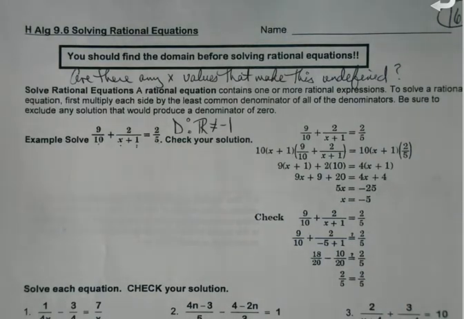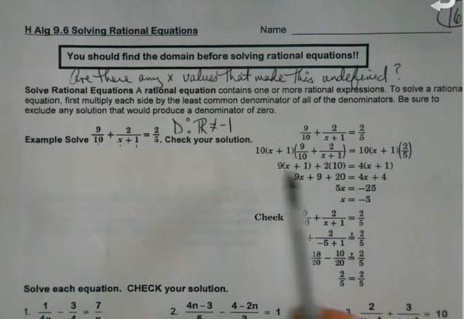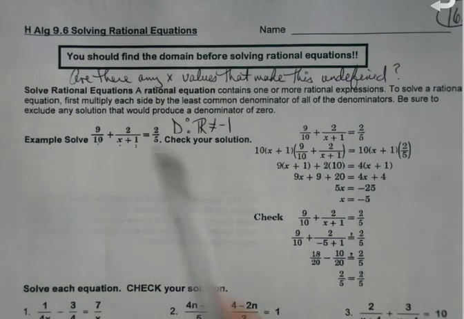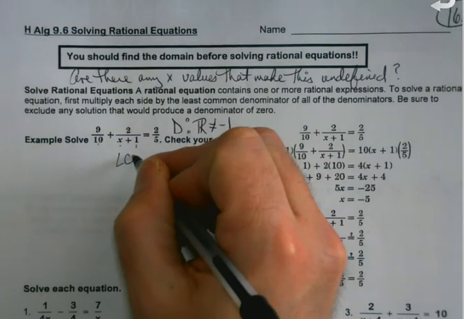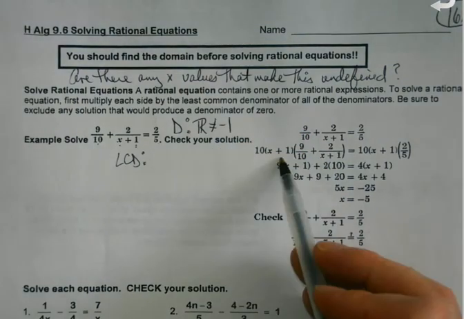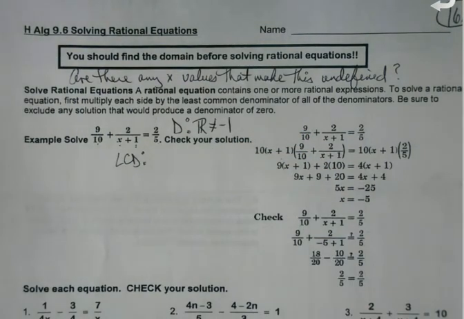So I start looking over here and I'm like, okay. Normally I'd find my LCD first with this. And remember, when you're finding a least common denominator, or a least common multiple, which we're going to do here because we're going to multiply by it, you're looking at 3 different parts. I'm always going to put parentheses around my quantities to make sure I don't think of that in a different way.